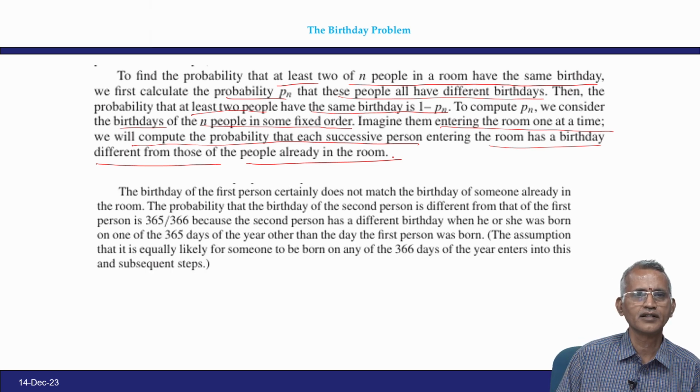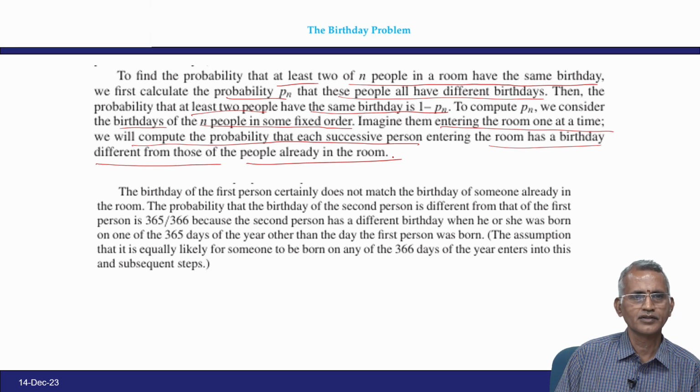Now, the birthday of the first person certainly does not match the birthday of someone already in the room. The probability that the birthday of the second person is different from that of the first person is 365 out of 366, because the second person has a different birthday when he or she was born on one of the 365 days of the year other than the day the first person was born.